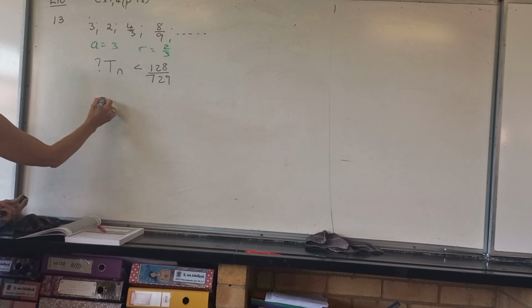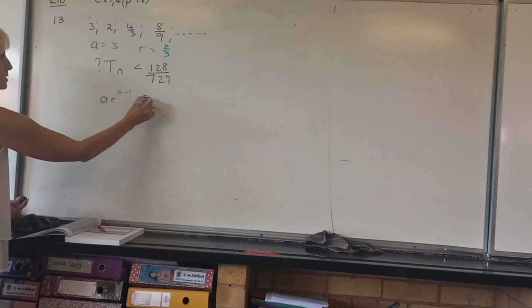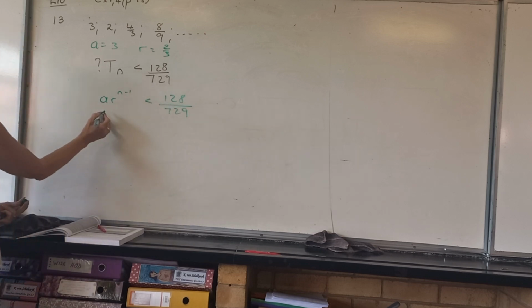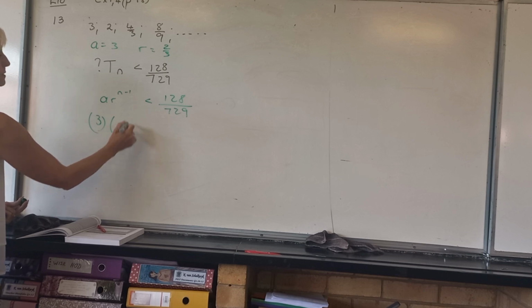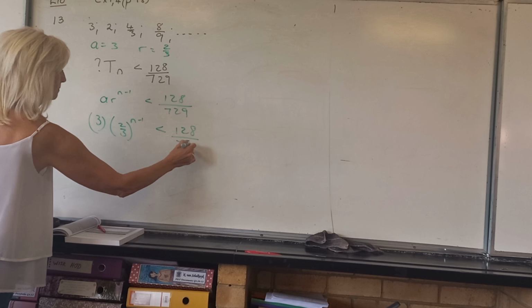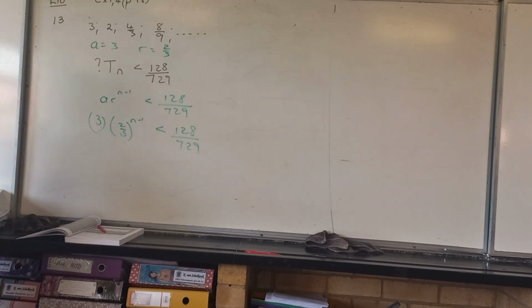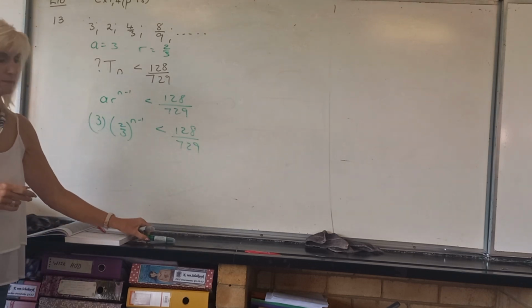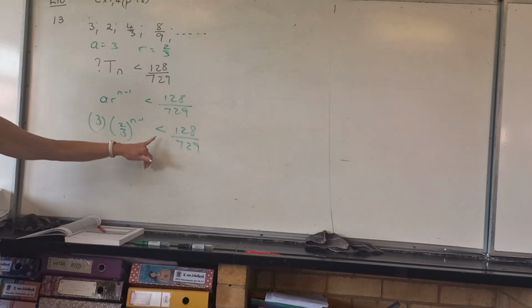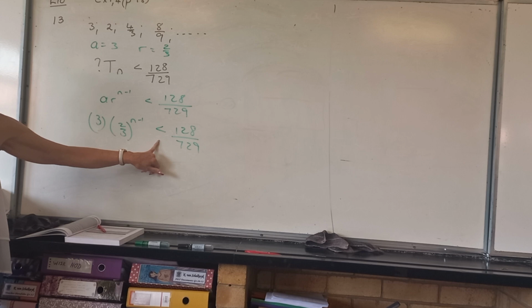So I need to know the AR^(n-1) smaller than 128 over 729. Knowing that A was 2, knowing that R was 2 over 3. And I'm solving what? Exponential equations, right? In actual fact, it's not an equation, it's an inequality.